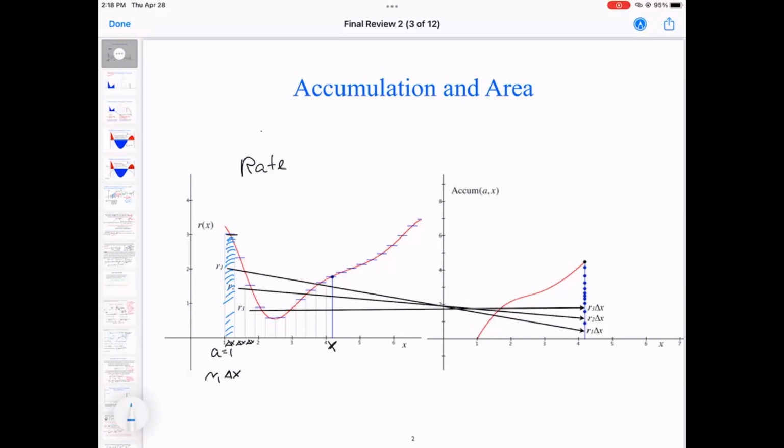Let's move to the next delta x interval. Here we use the constant rate R2, the left-hand point. R2 is the rate, the velocity, multiplied by delta x.